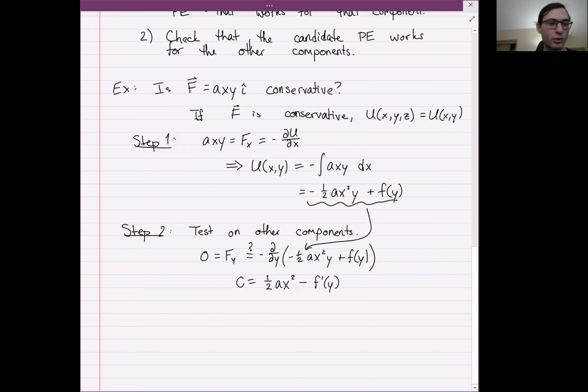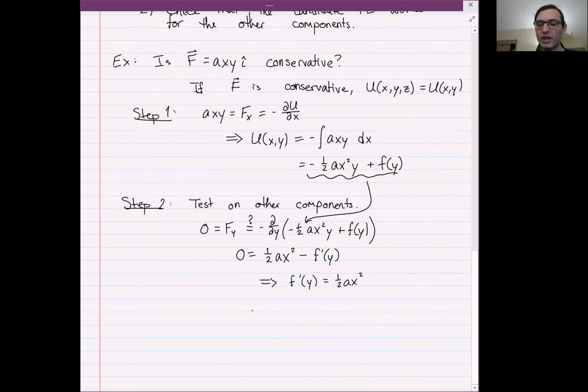And so this is supposed to be equal to 0. Now, there's trouble. That would mean that f prime of y equals 1/2 ax squared. But note, f of y is not supposed to depend on x.